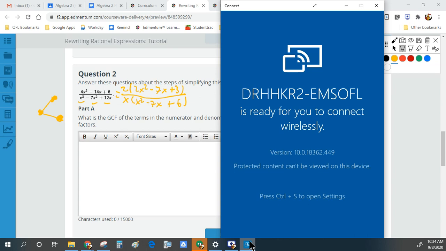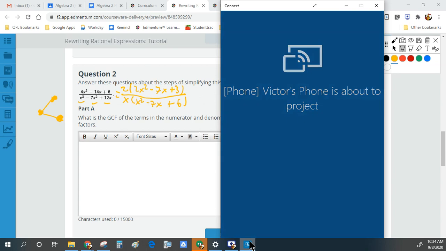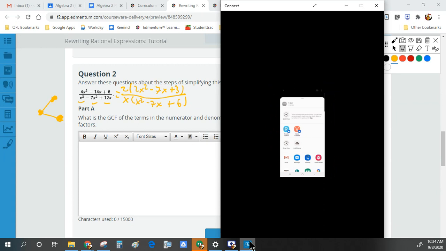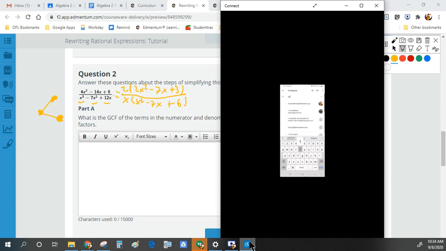Give me a second while I go back. So I'm going to hit that button, and it's going to ask me how I want to share. I'm going to choose Gmail and email it to myself. If you can see right there, it already has a little attachment.